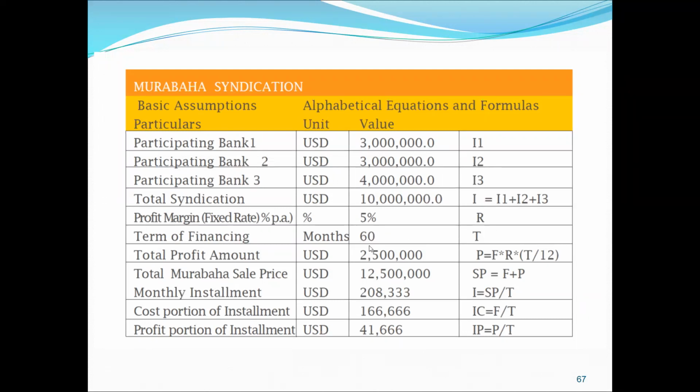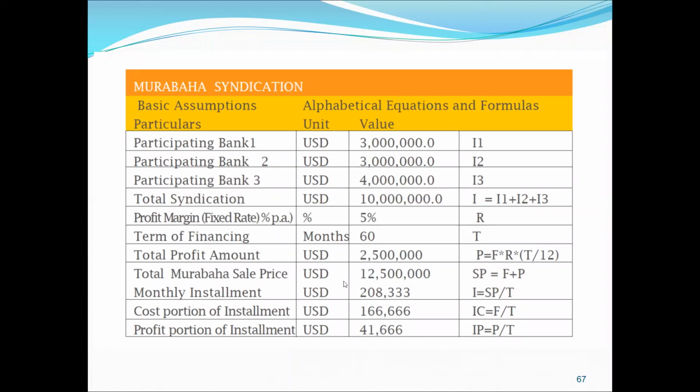The same thing, we can buy the flats, let's say for 10 million, a big property that consists of 100 flats, with a profit margin of 5%. So the total profit amount will be 2.5 million for 5 years. Each year we generate $500,000. This $500,000 will be shared with each participating bank according to what they have contributed.